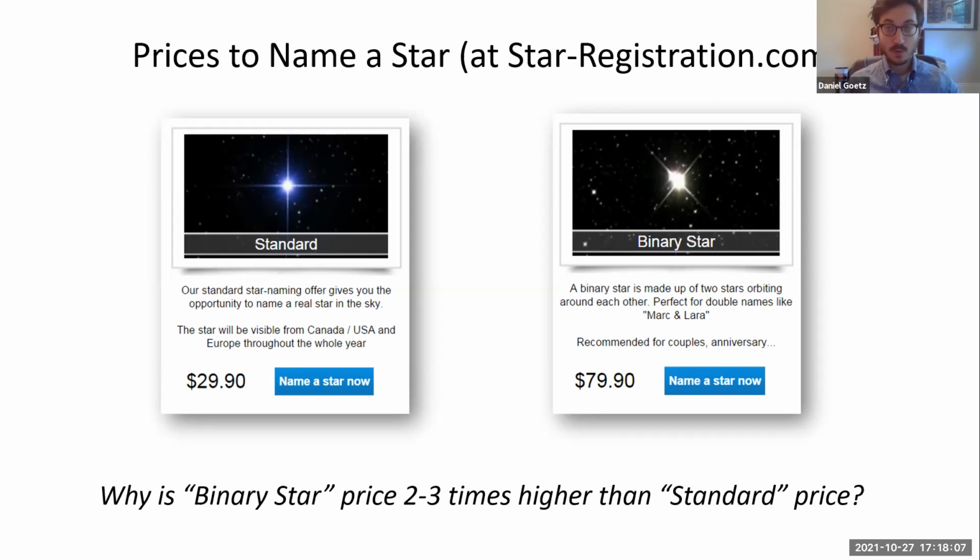If you look out in the universe, apparently binary stars are much less rare. They're actually much more prevalent. About 80% of stars apparently are binary stars out there in the universe. So this definitely reflects demand features, right? People value it more because maybe it's worth more as a gift if you're buying it for a couple. Right?